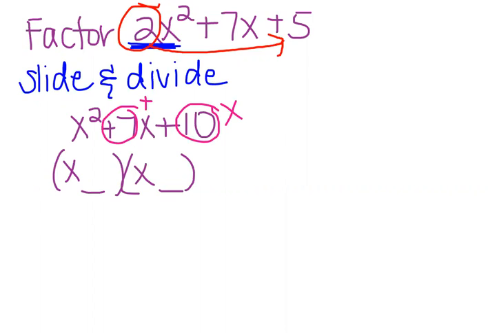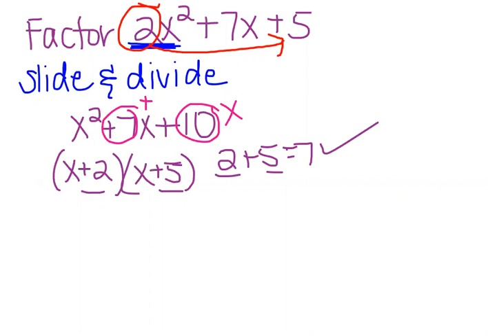All right, so my multiples of 10, I'm thinking 1 times 10, but 1 plus 10 is 11. So no, not those. How about 2 times 5? What's 2 plus 5? Is 2 plus 5 7? Yes, so 2 and 5 will work. I got to add 2, add 5.